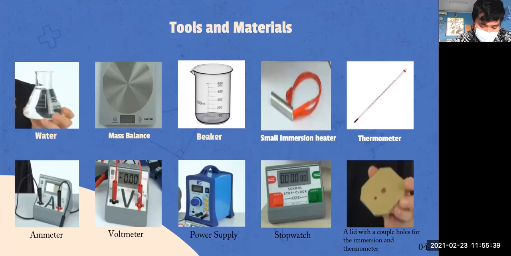So we will go to the experiment. The tools and materials that we need are water, a mass balance, a beaker, a small immersion heater, a thermometer, an ammeter, a voltmeter, a power supply, a stopwatch, and a lid with a couple of holes for the immersion heater and thermometer.